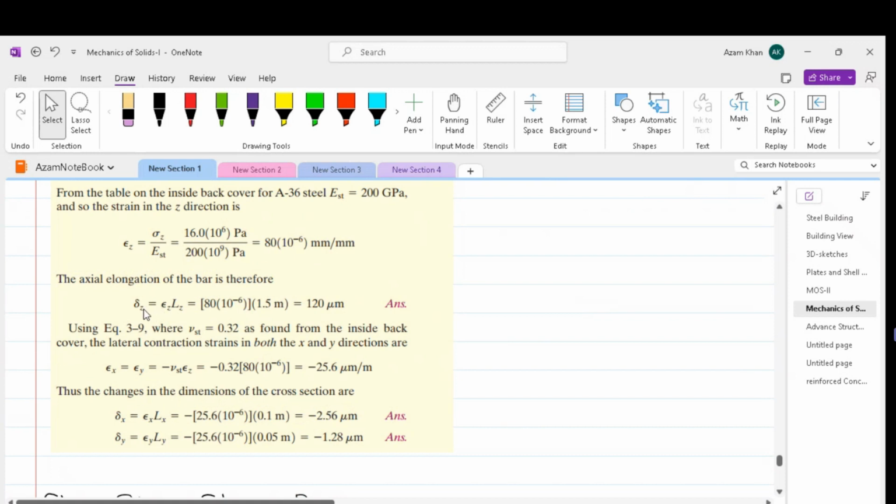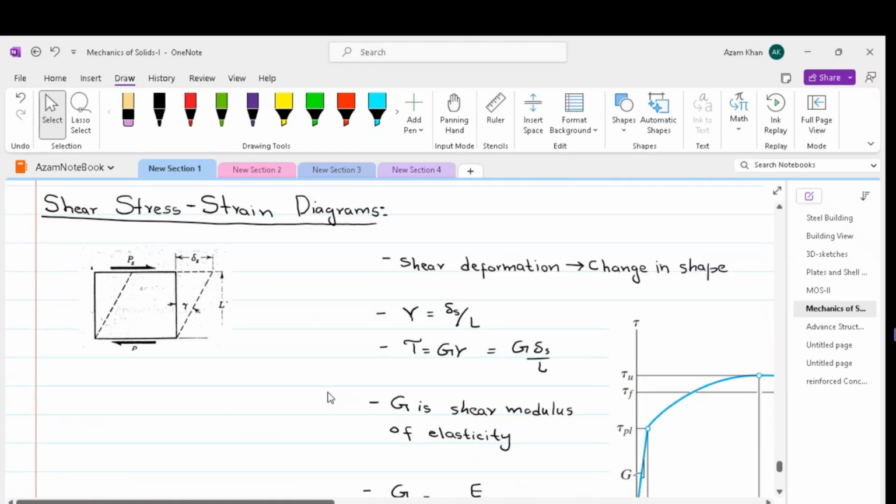We know that strain is change in length by original length. The change in length is found by multiplying the longitudinal strain with the original length, and that comes out to be 120. The change in the dimension of the cross section is similar to this one. Once we know the strain, we multiply them with the corresponding dimension of the cross section and we get the changes in the dimensions.